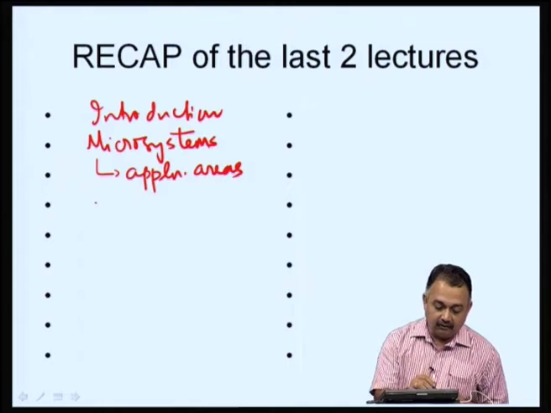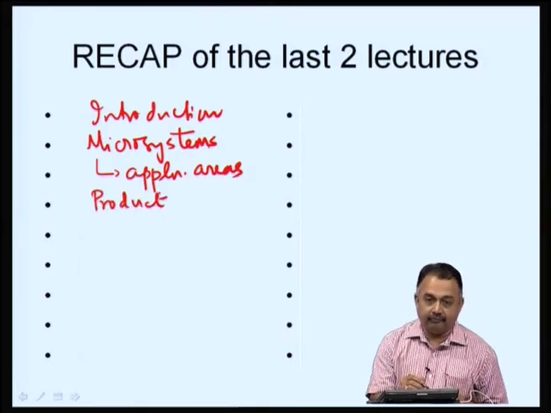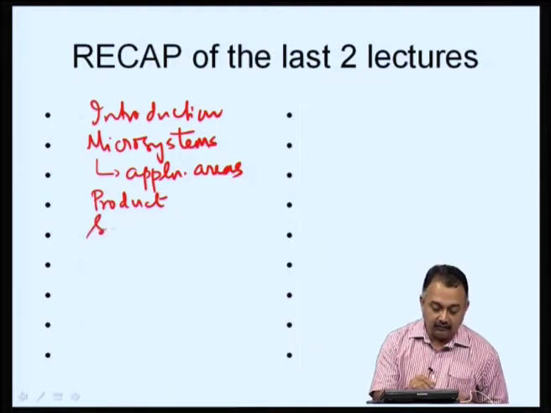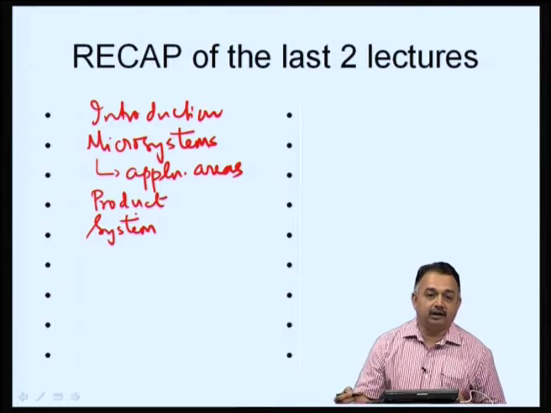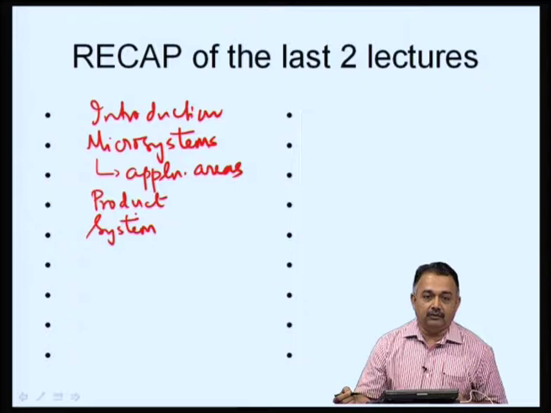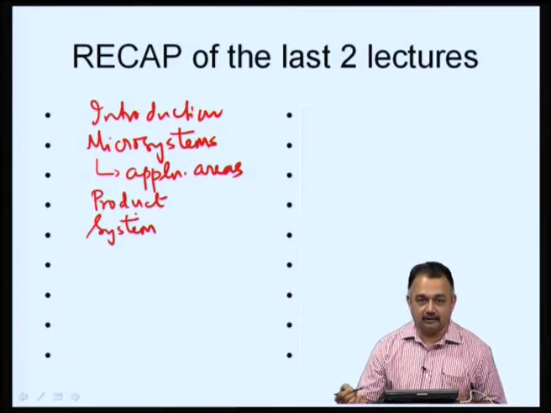Then we have seen or defined briefly what a product is, right, and we have also seen what a system means. In today's context, using the term system becomes very important, because if you want to define a product, you have to define system functions.